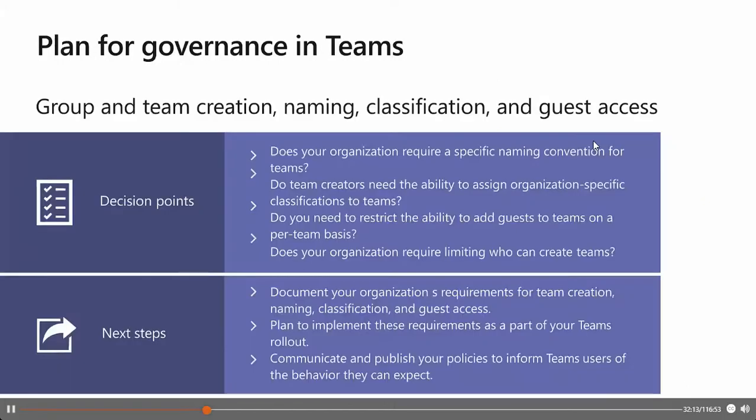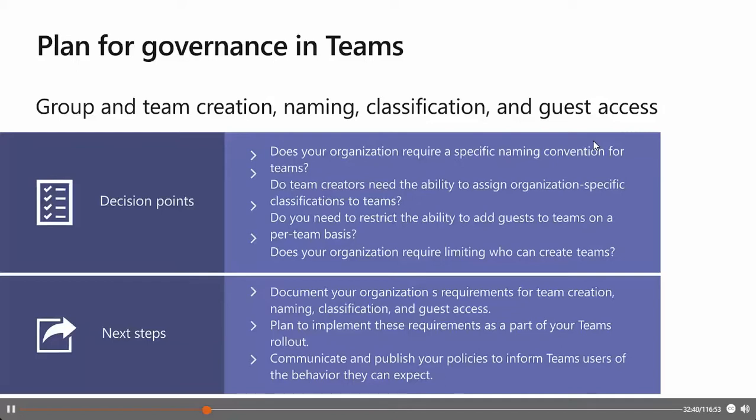Maybe your organization might require that you implement strict controls on how teams are named and classified, whether guests can be added as team members, and who can create teams. You can configure each of these areas by using Azure Active Directory as a backend. But mainly you really need to think about the different decision points. Do I need a specific naming convention?